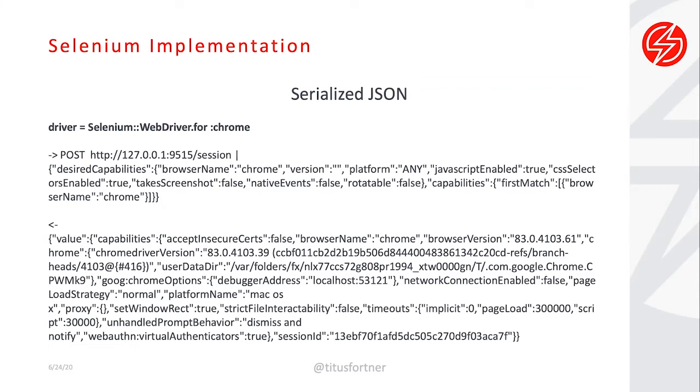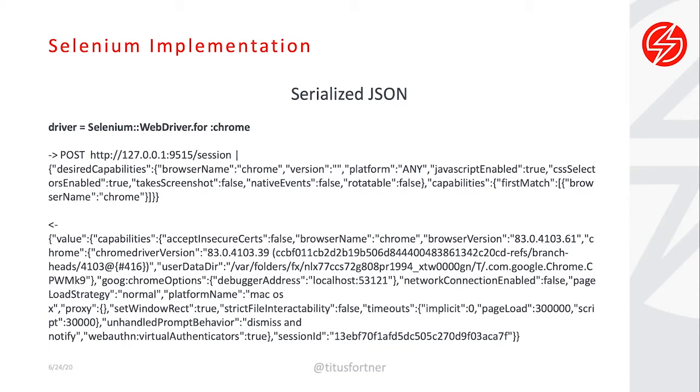And note that it's sending both desired capabilities, which is the old JSON wire protocol approach. And if you keep going there, it's got a capabilities with a first match here. So this is considered handshake code.